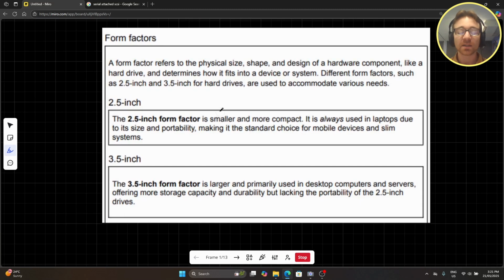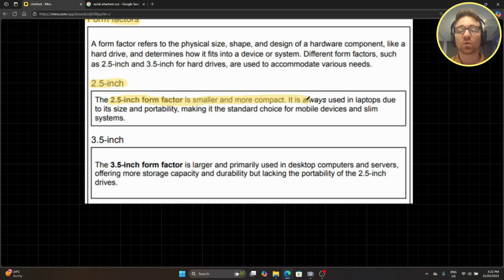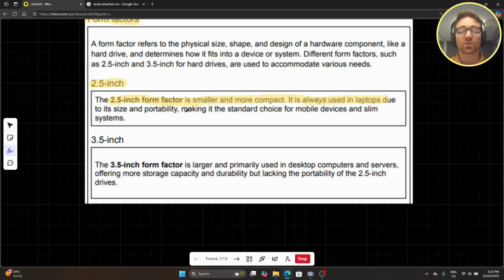Now, the next thing you need to know is form factors, and you need to know that the 2.5 inch, this is just how big the hard drive is, right? 2.5 inch form factor is smaller and more compact. It is always used in laptops, all right? So if you have a laptop, you're going to be using the 2.5 inch form factor.